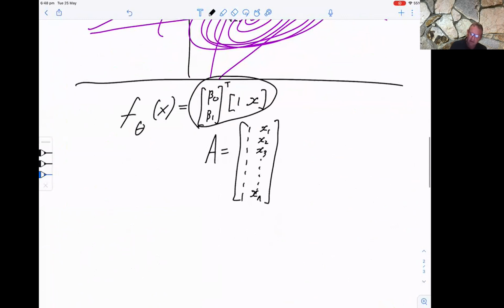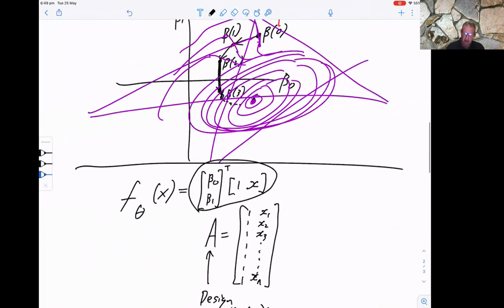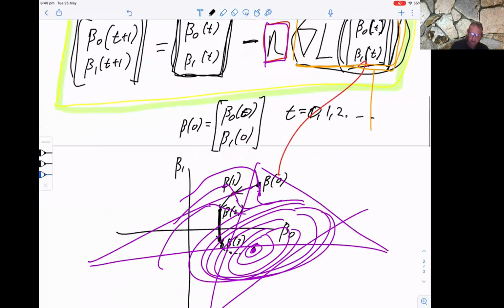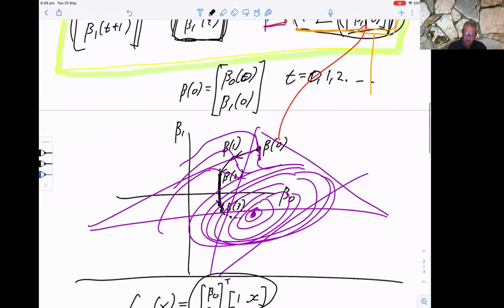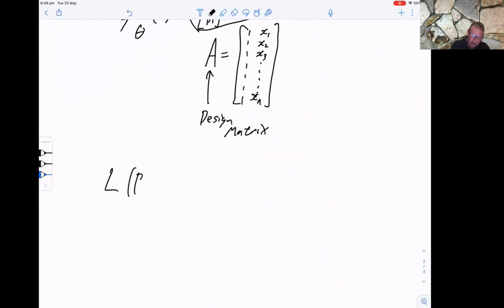And then you can take a matrix A, which you would call your design matrix. And I'll just copy the objective here so you have it. So I'll write L of beta 0, beta 1, which before we wrote as a sum, i from 1 to n, of beta 0 plus beta 1 x_i minus y_i, squared.